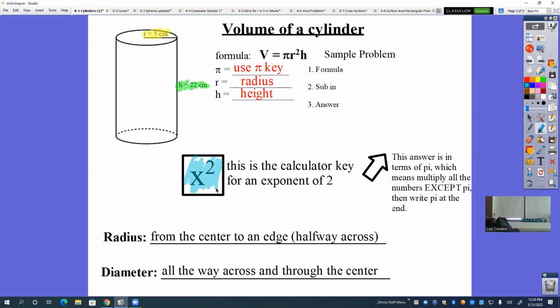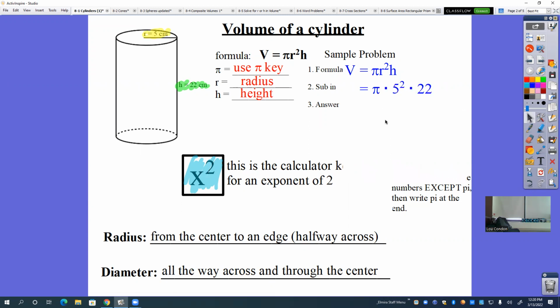In order to do this, we take the information from the problem and substitute it into our formula. Again, our formula is V equals the pi button times the radius squared times the height.